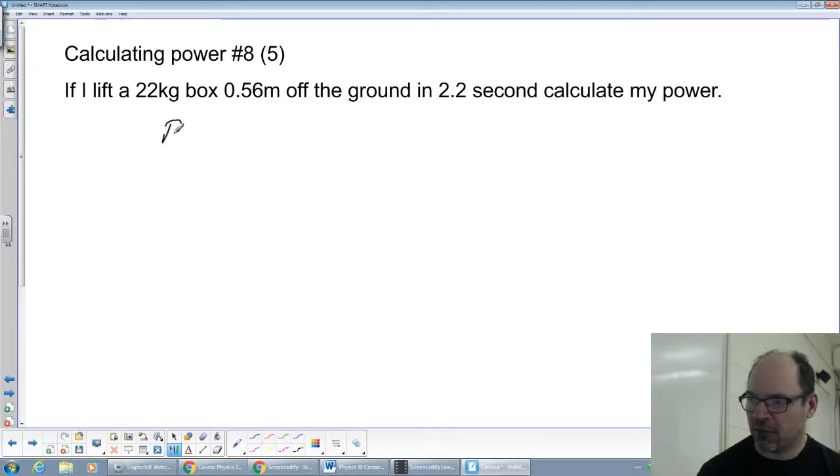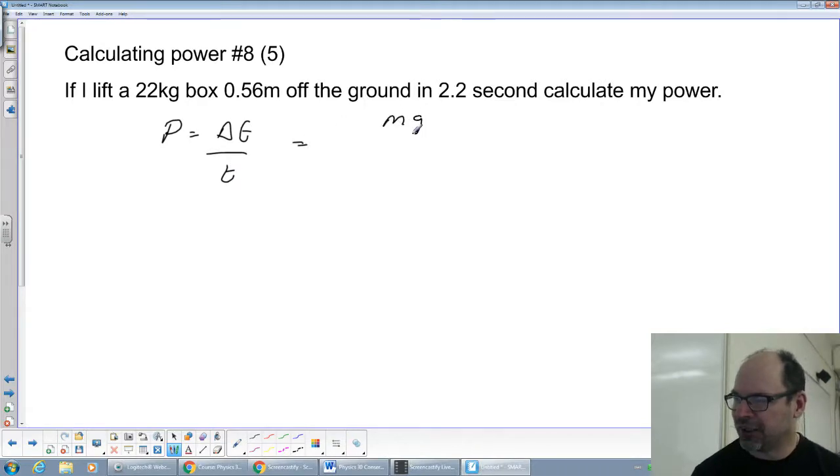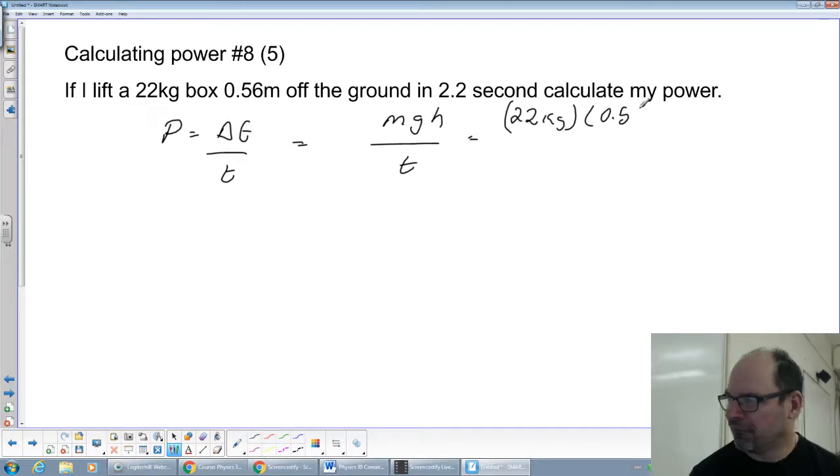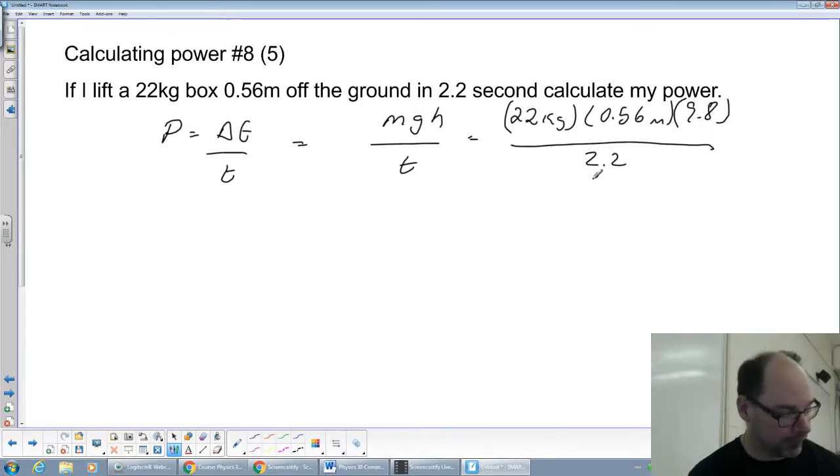Okay, so power is change in energy over time. Our energy is mgh over time. So that's 22 kilograms times 0.56 meters times 9.8 for the gravitational constant over 2.2.